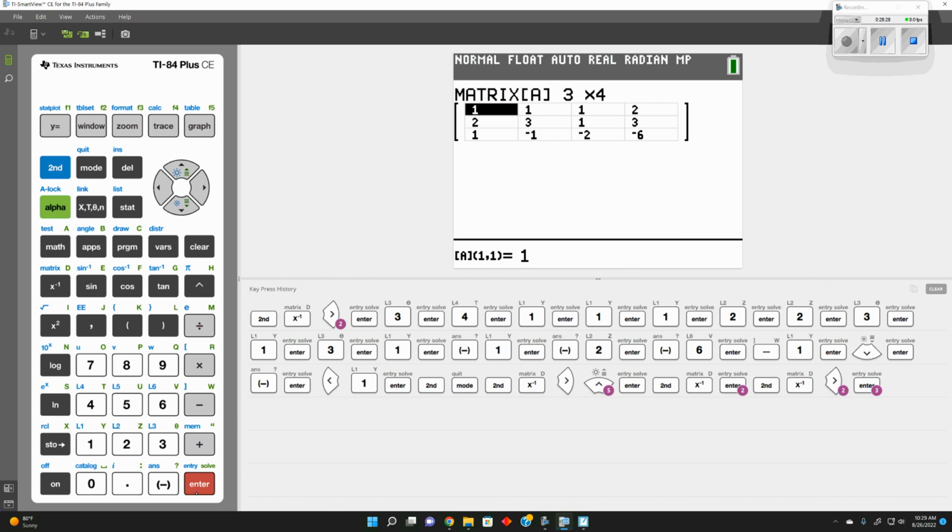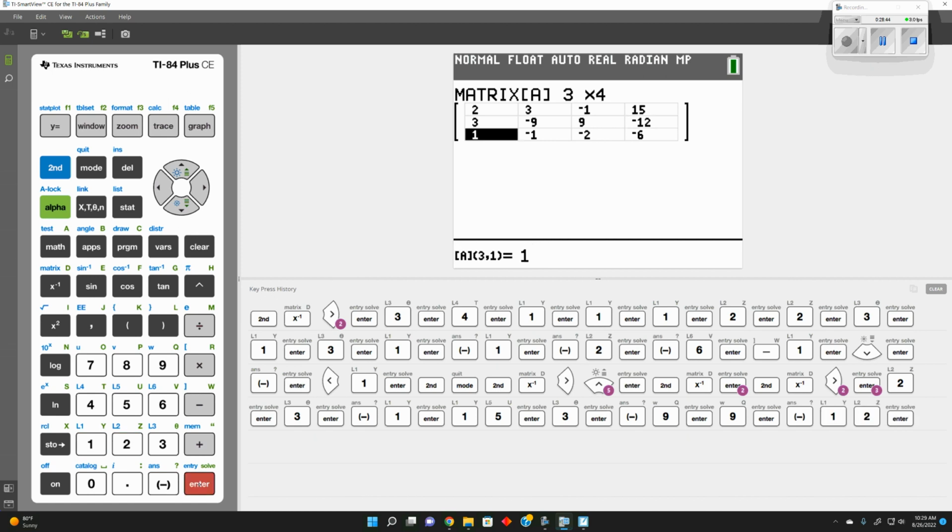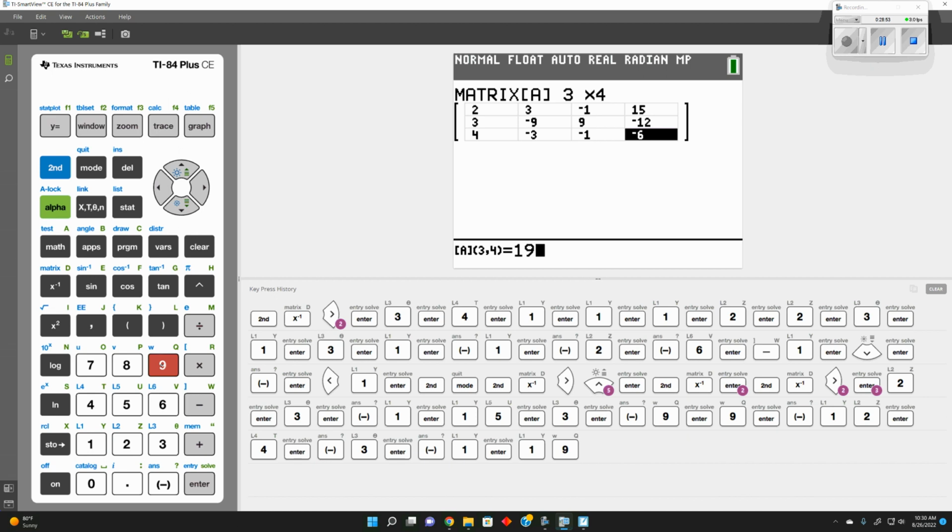Now our first row is 2, 3, negative 1, 15. Our second row is going to be 3 for x, negative 9 for y, 9 for z, and negative 12. And the last row is 4 for x, negative 3 for y, negative 1 for z, and 19.